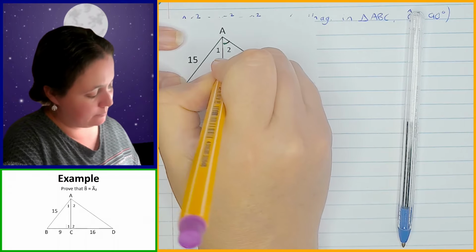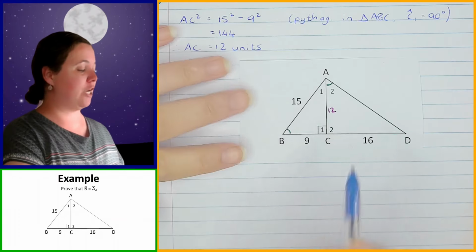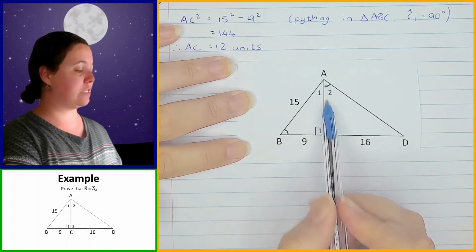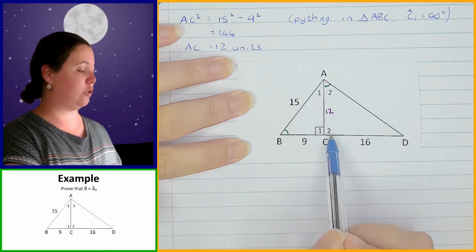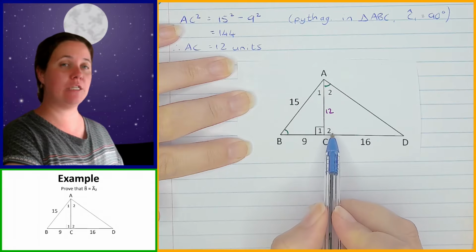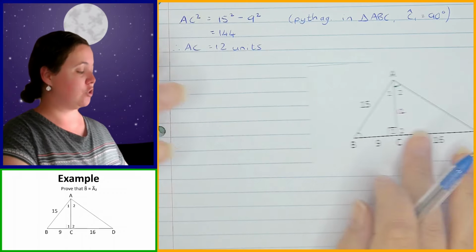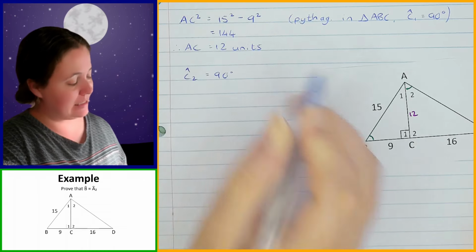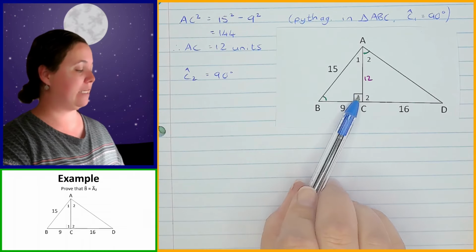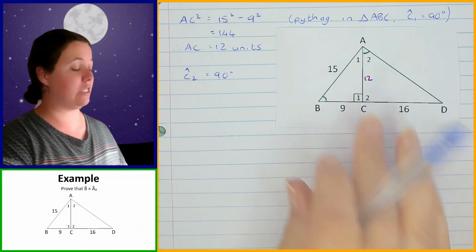Okay, so now that I've got that, I'll be able to use this and this to work out the length of AD in this triangle over here. But first I need to say that this angle C2 is a right angle. So angle C2 is equal to 90 degrees, and I know that because it's on a straight line with angle C1, which is 90 degrees.